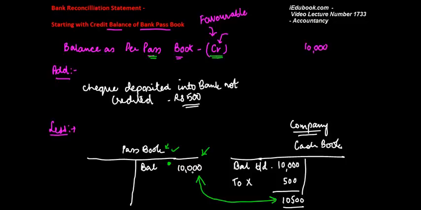So what do I do if I have to increase 10,000 to 10,500? I will add 500 here, right? So did I do some rocket science? Obviously no. It was just a single simple entry.